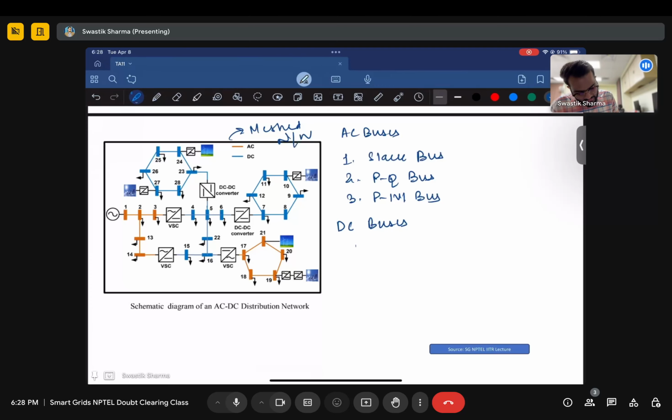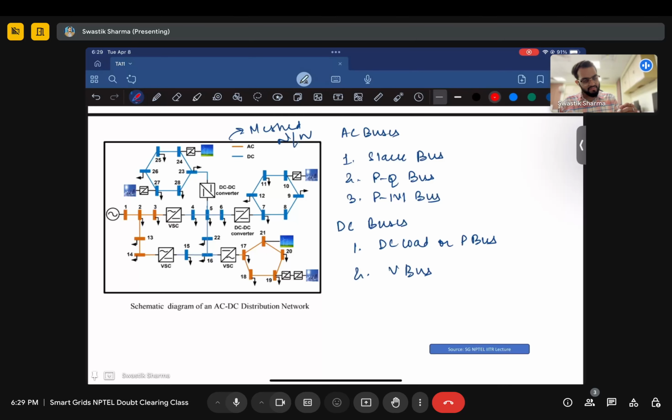In DC, you have either a DC load or P bus, or a V bus. The DC load bus is where you consume some DC power, and the V bus is where you keep the voltage constant. That is what you do in a DC microgrid: you want to keep your bus voltage as close as possible to the reference voltage.